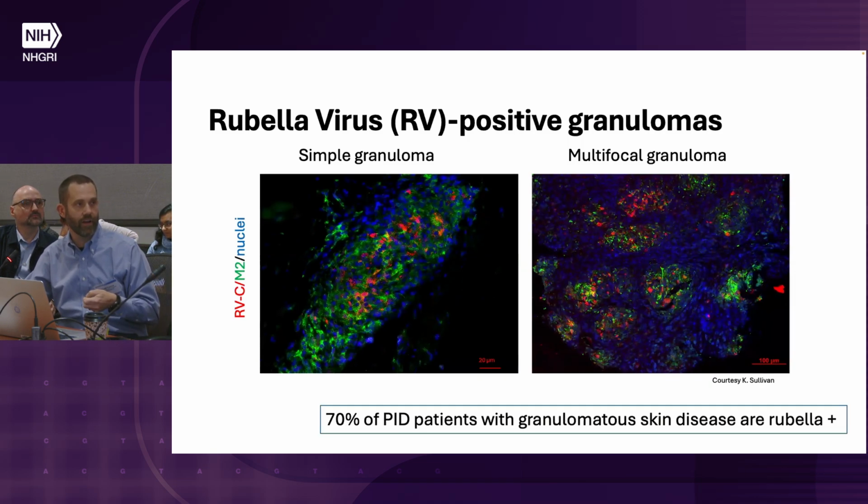And it turns out that about 70% of primary immunodeficient patients with granuloma skin disease, they find rubella. Kate Sullivan has grabbed slides from colleagues through USIDNET and sent them off for special testing. It's actually done at the CDC.